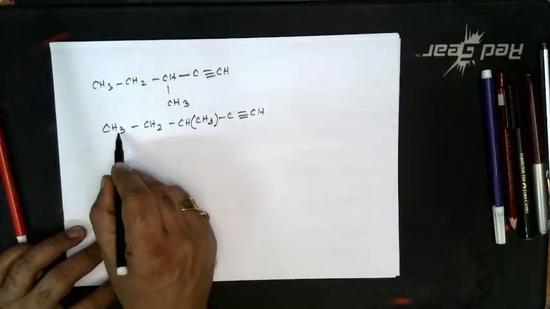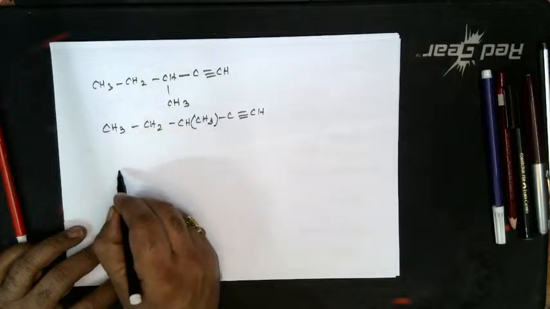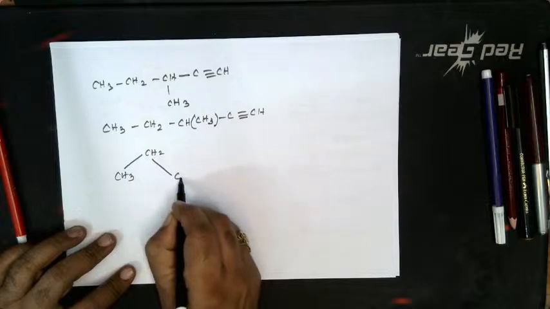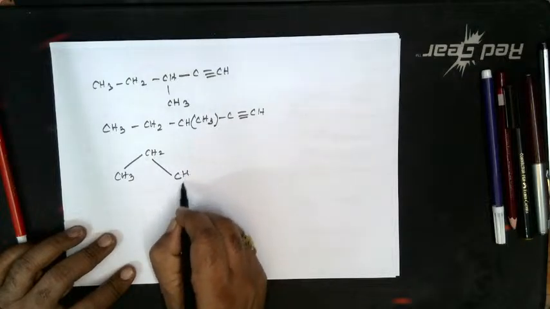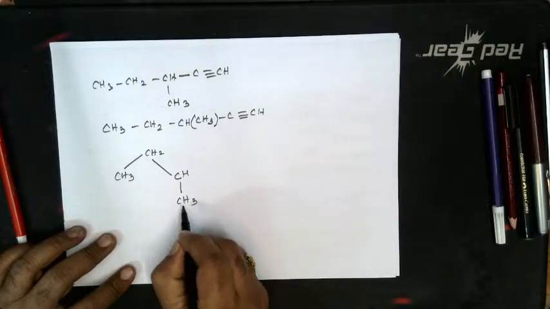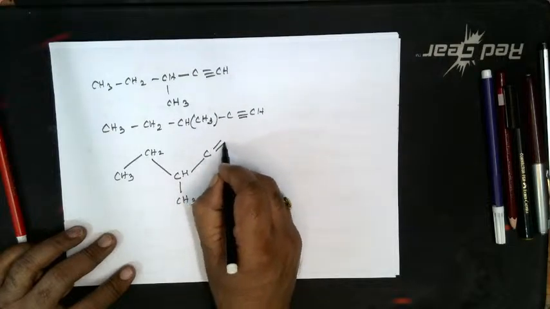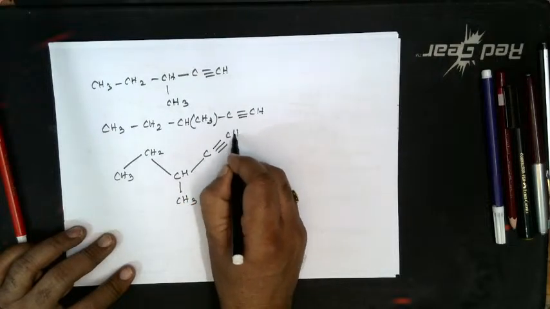It can also be represented as CH3 bond CH2 bond CH, where CH3 is substituted, bond C triple bond CH.